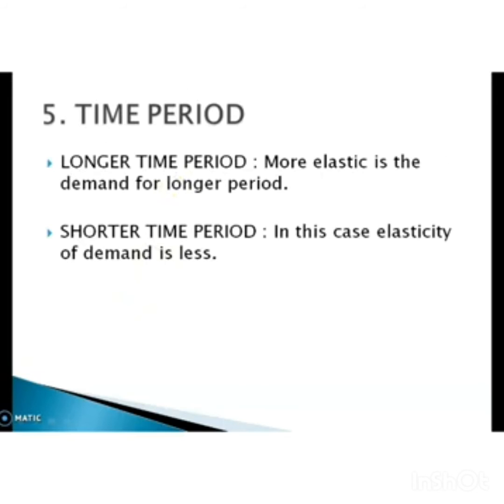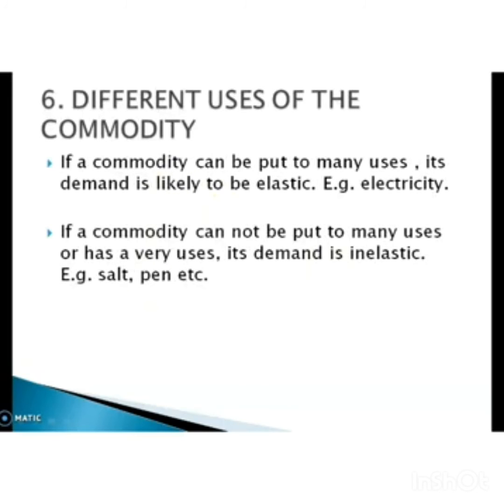Next is different uses of the commodity. If a commodity can be put to many uses, its demand is likely to be elastic. That means if the commodity under consideration has several uses, then its demand will be elastic.